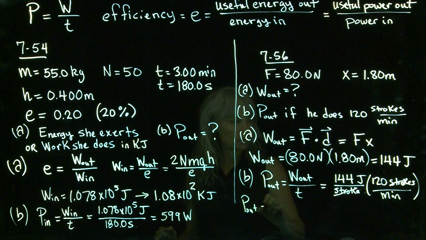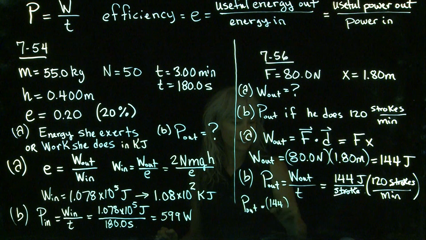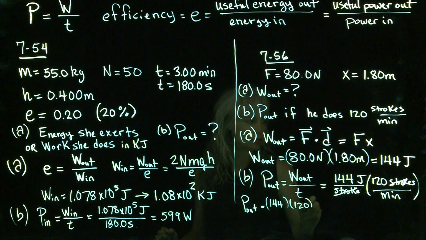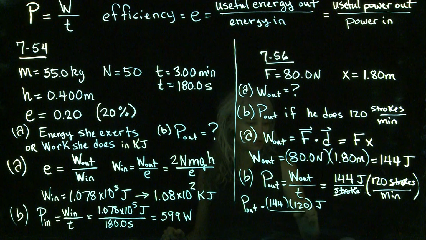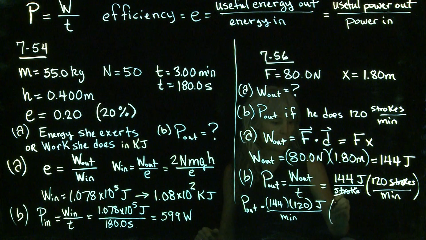So the power out is going to be equal to 144 times 120. I'm just going to put all the units out here in the back: joules, and this is going to be per minute. And now we want to multiply by 1 minute is the same as 60 seconds.